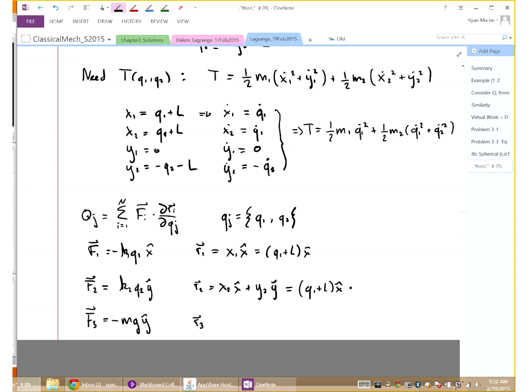And then the y component of that is what we had, plus minus q2 minus L times y hat. And so R3 is where F3, the weight, is applied, and that's applied on mass M2, so that ends up being exactly the same location. So R3 is equal to R2.